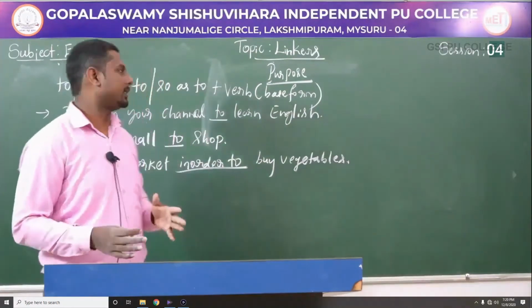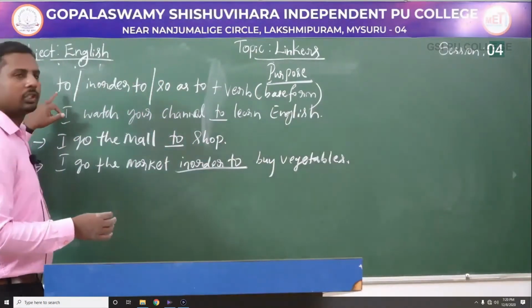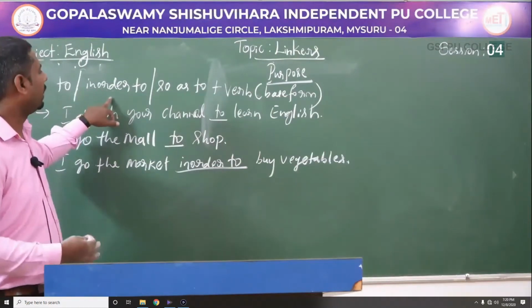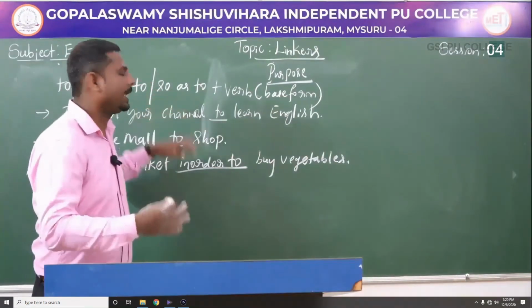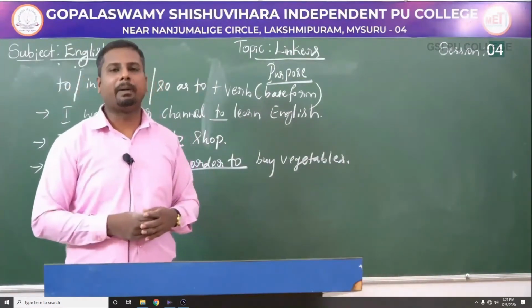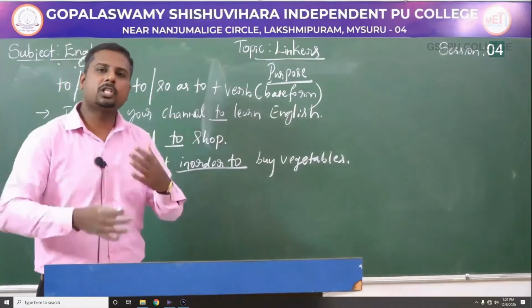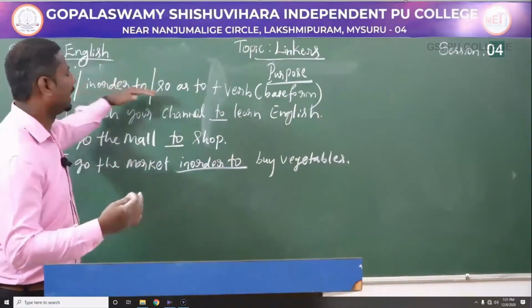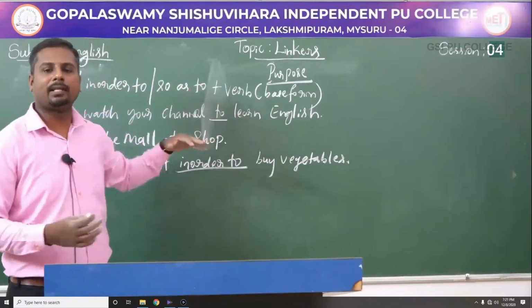You should notice that the word to is normal, in order to is formal, and so as to is more formal. One more important thing we need to remember here: we can also use negative sentences with these linking words or phrases.